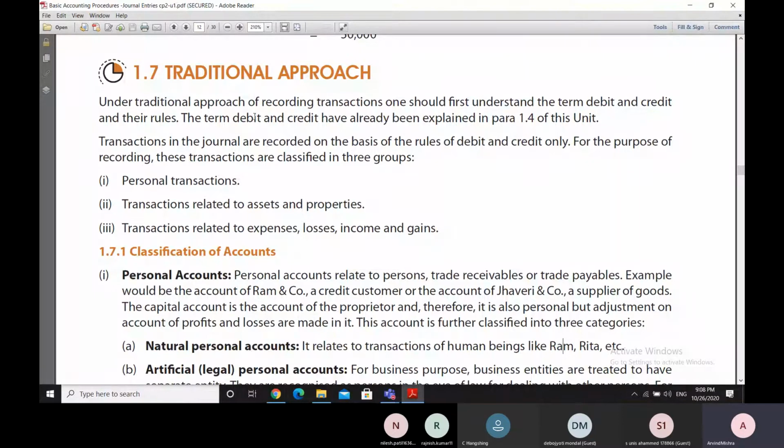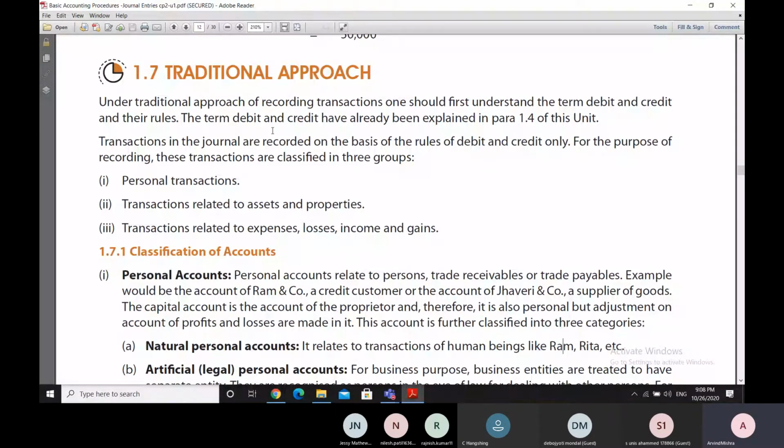The topic of today's webinar is basic accounting procedures, and we are going to do journal entries part 3 as part of the basic accounting procedures today. Friends, we are going to discuss the traditional approach.